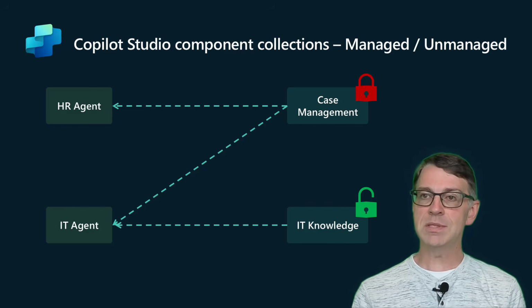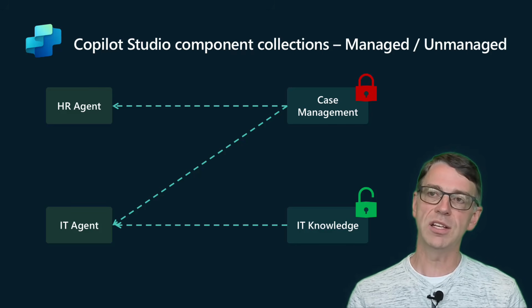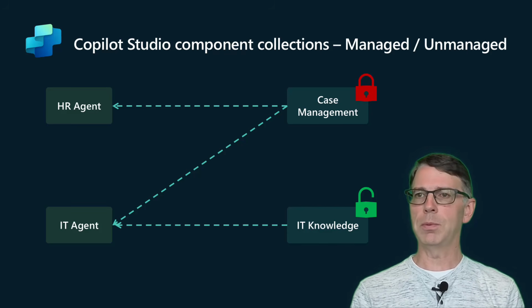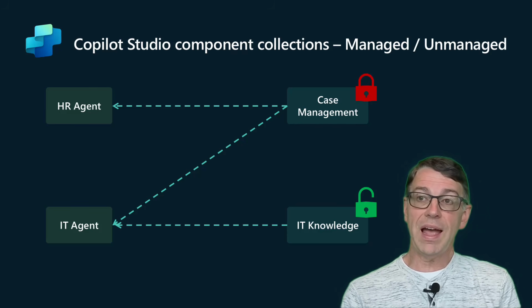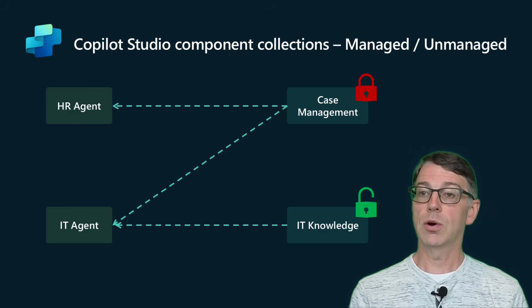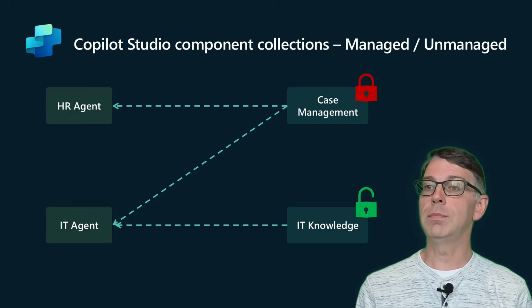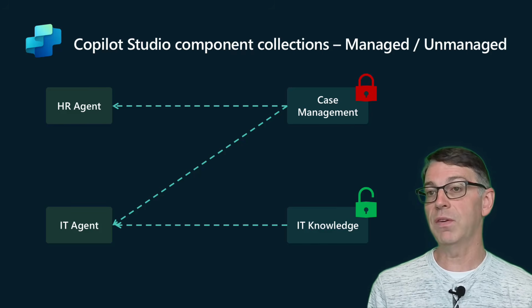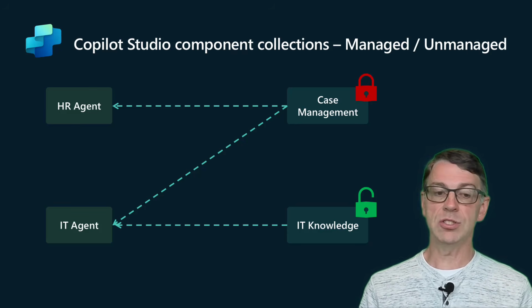At the same time, imagine that I also had IT knowledge, and maybe I want to let people continue to add to IT knowledge, and whenever I add to it, I want it to add for everyone across the board. In that case, we could leave it as unmanaged and modify it accordingly, and then take the versions into consideration.